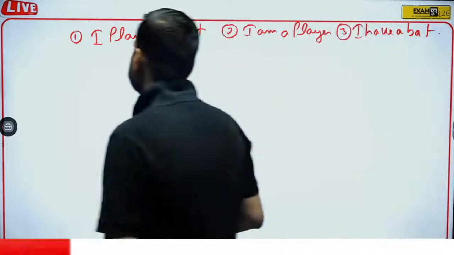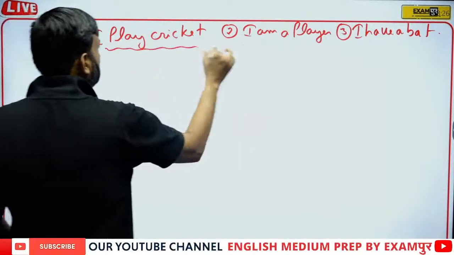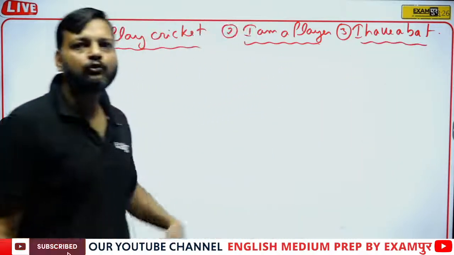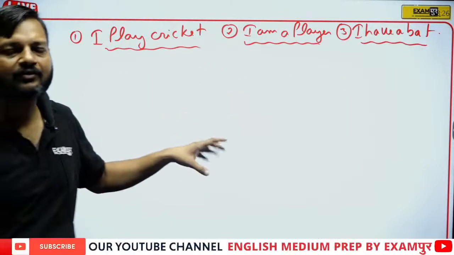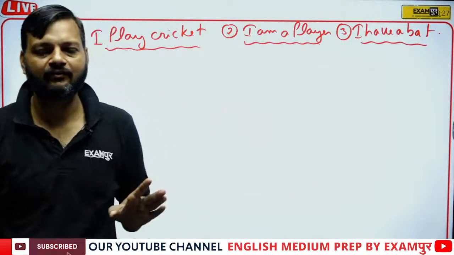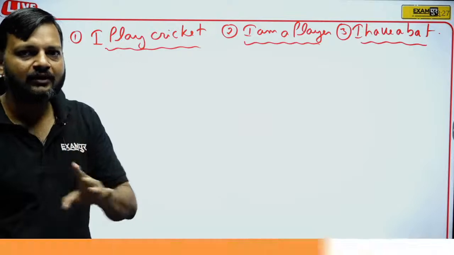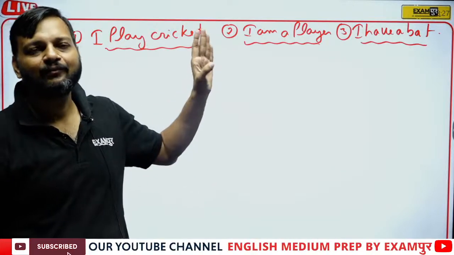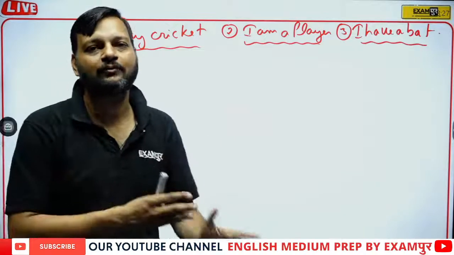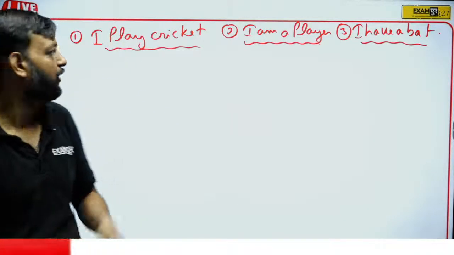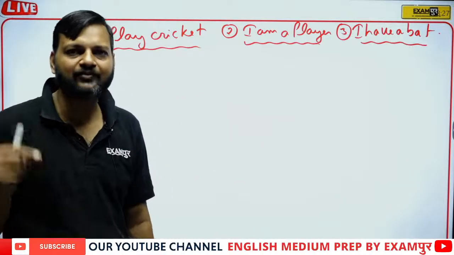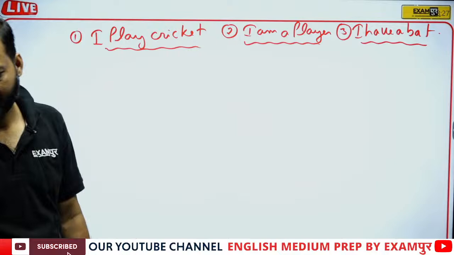We have 3 sentences here: I play cricket, second, I am a player, and third, I have a bat. Out of these 3 sentences, which one is present indefinite and which is not present indefinite? Please answer me: first, second or third.